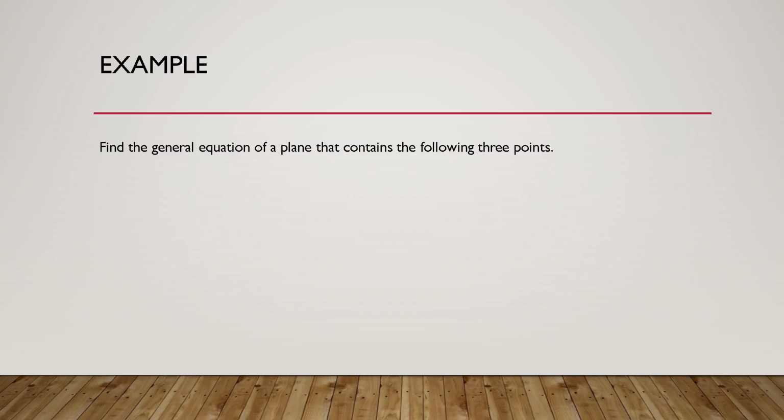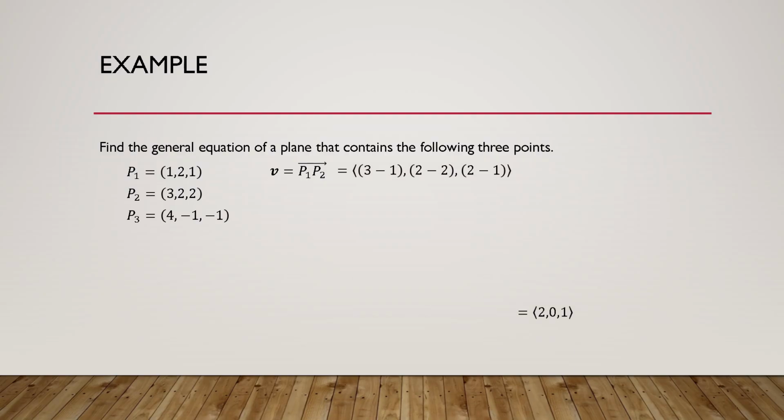In another example, find the general equation of a plane that contains the following 3 points: P1 = (1, 2, 1), P2 = (3, 2, 2), P3 = (4, -1, -1). We first start by establishing a vector v between P1 and P2, which would be 3 - 1, 2 - 2, and 2 - 1, giving us the vector (2, 0, 1), or v = 2i + k.